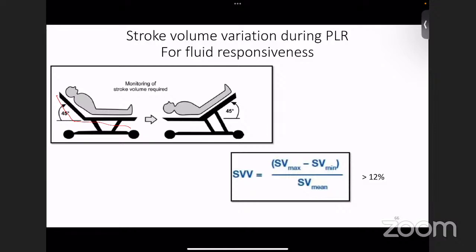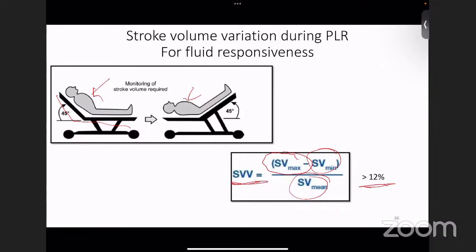Then you make the leg raise, and then you calculate the VTI again. So you have to calculate the stroke volume with the VTI at 45 degrees and when the legs are raised. So you get a maximum stroke volume and the minimum stroke volume, and by calculation divided by the mean, you will get the stroke volume variation, which is 12.